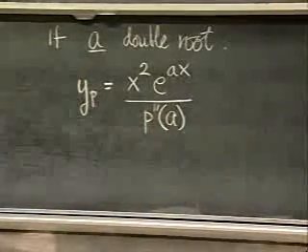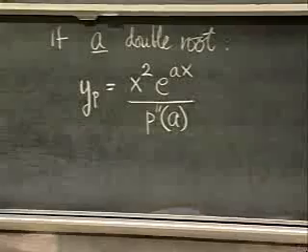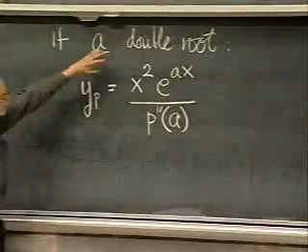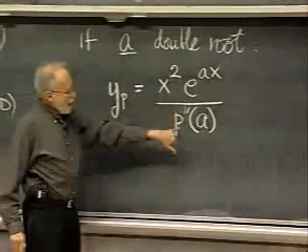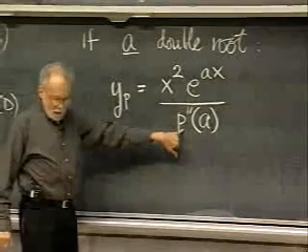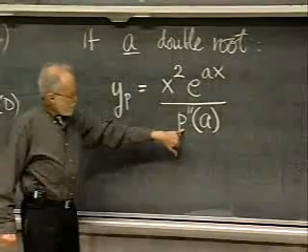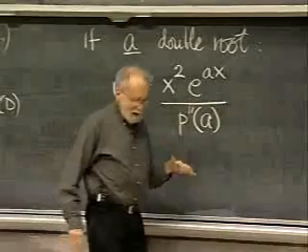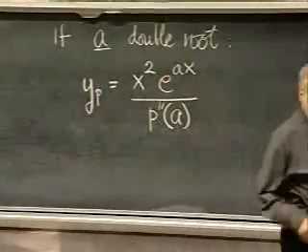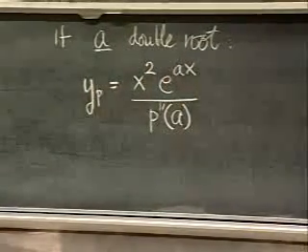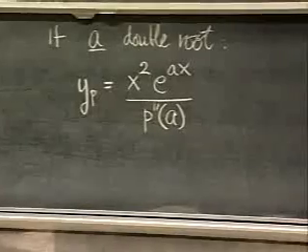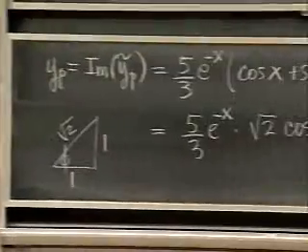Now you can guess the way this is going to go on. For higher degree, if you have a triple root, you'll need x cubed here and P triple prime, except you're going to need a factorial there too, so don't worry about it. It's in the notes, but I'm not going to give you that for higher roots. I don't even know if I'll give it to you for double root.